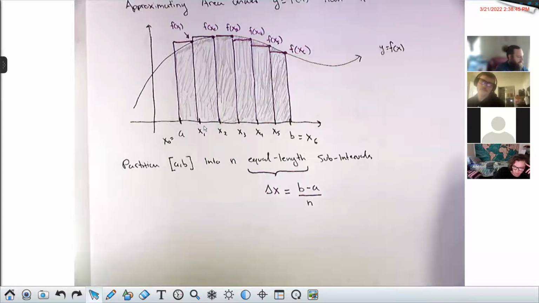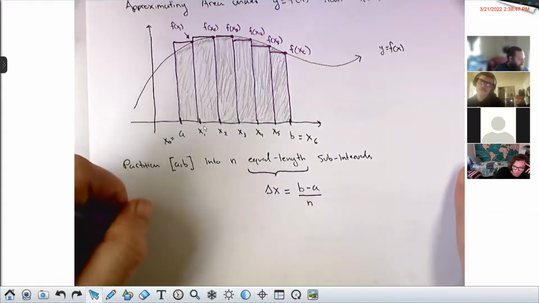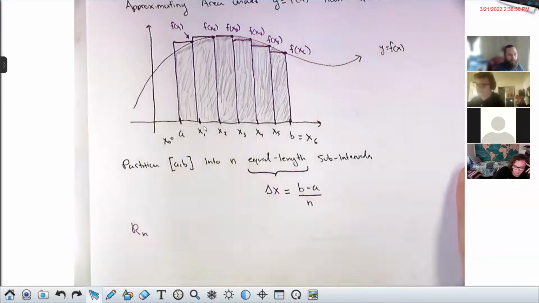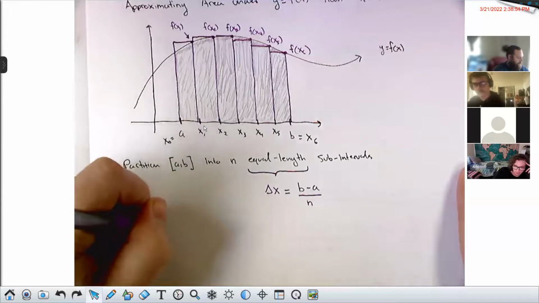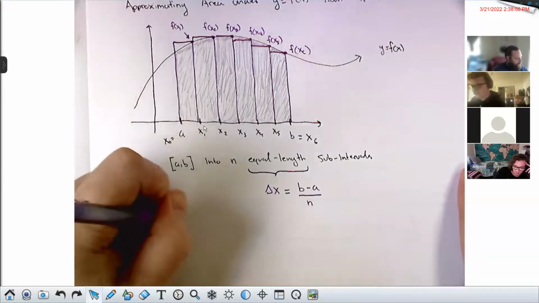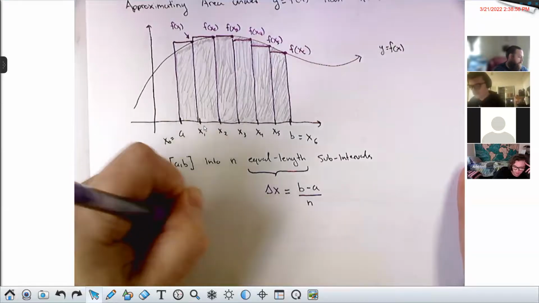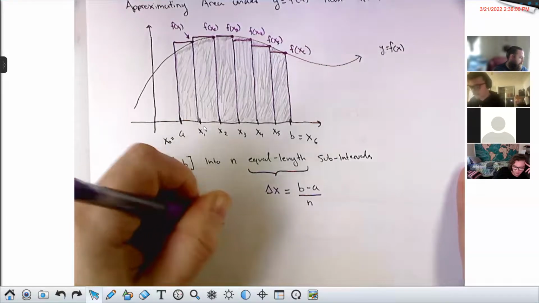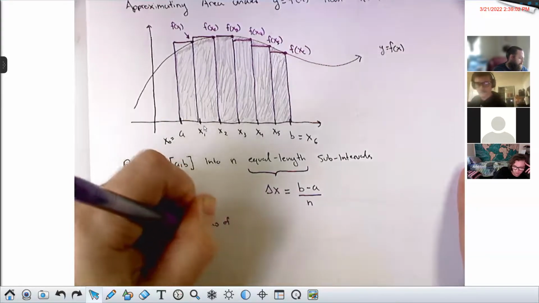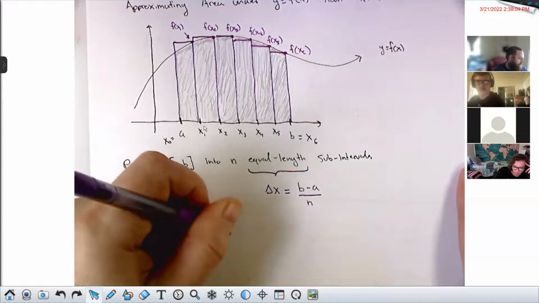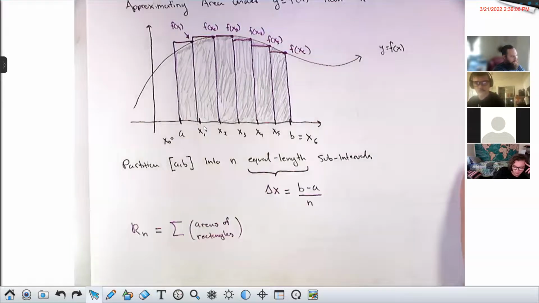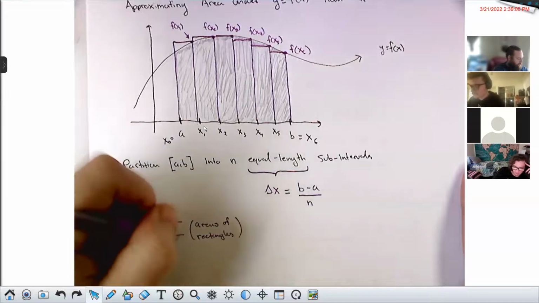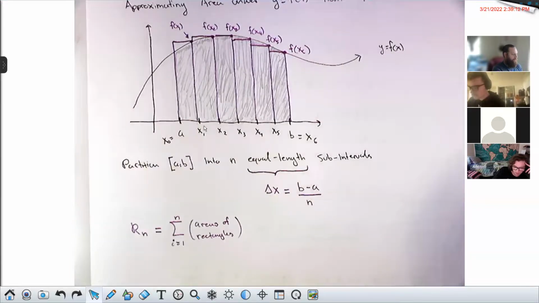The Riemann sum I just built for you is called Rn. And this is the sum of all the areas of the rectangles. And that sum would run from 1 to n.